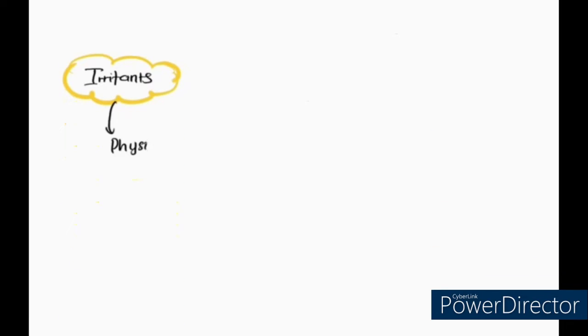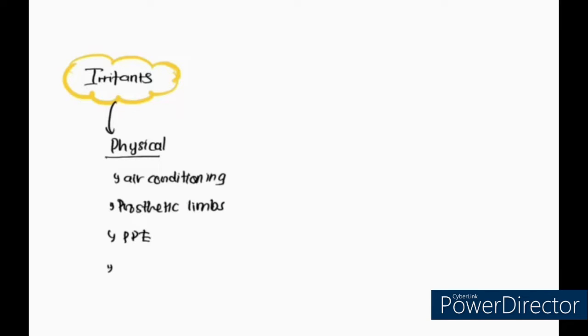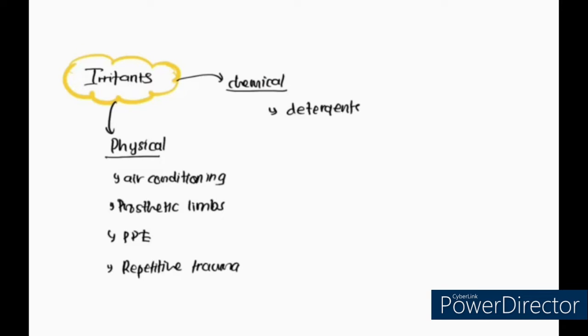The irritants can be divided into physical irritants, which include air conditioning, prosthetic limb, personal protective equipment, and repetitive mechanical trauma. Chemical irritants include detergents, solvents, and acids.